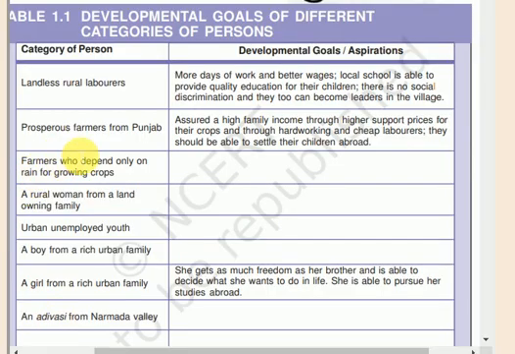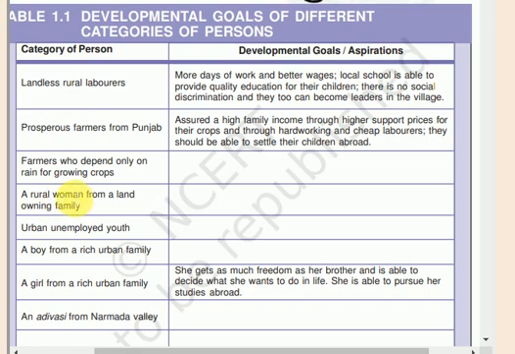Similarly, a farmer who depends on rain for growing crops, what will his development goals be? He needs an irrigation system, he needs different types of government schemes to develop irrigation or a tube well. So this kind of development goal he can expect.